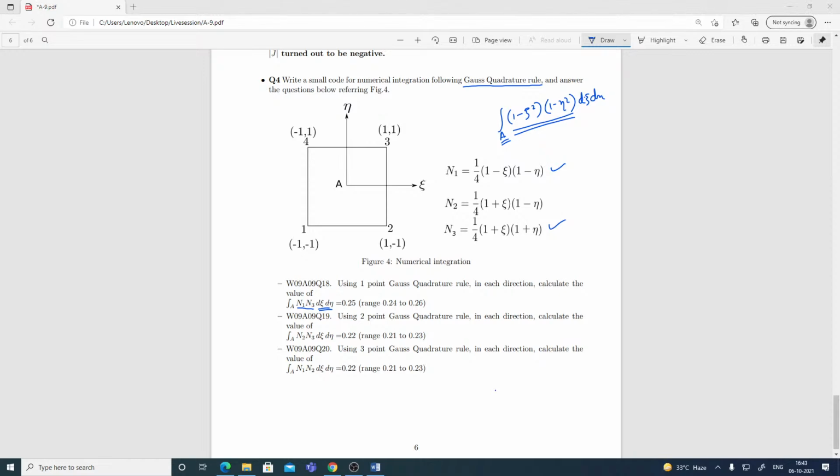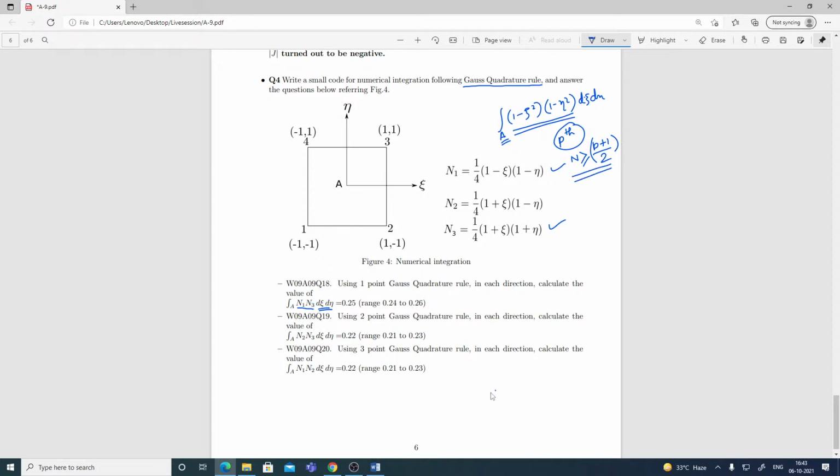To do this, you just need to remember that in order to integrate a pth order polynomial, if your integrand is of pth order, the number of integration points should be greater than or equal to (p plus 1) by 2.